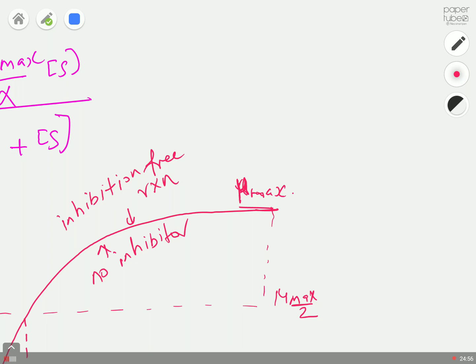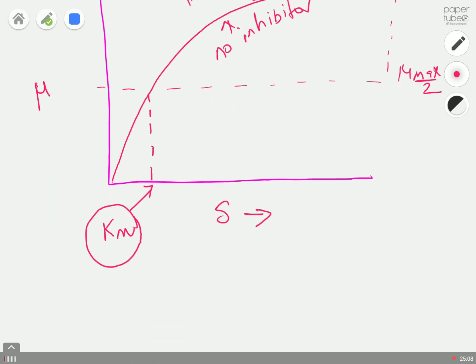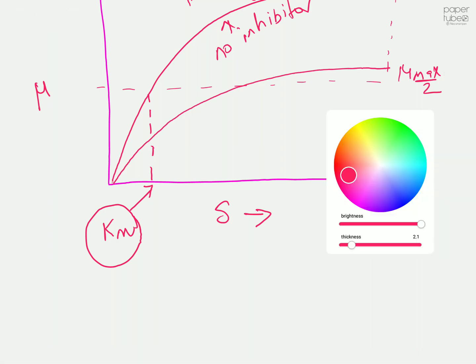Your maximum initial velocity will change by a factor of alpha. If you really plot those values, it will look something like here. Let me change the color. Look at the blue line.